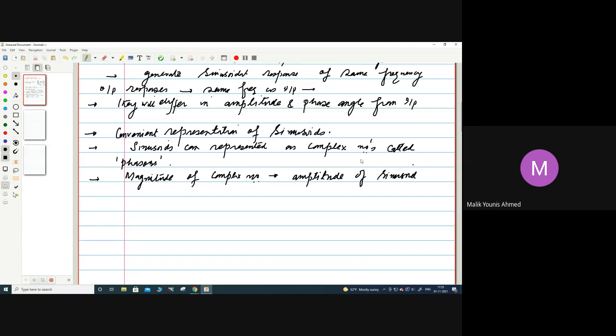If we represent them as complex numbers called phasors, then the magnitude of the complex number will be the same as the amplitude of the sinusoid, and similarly the angle of the complex number will be the phase angle of the sinusoid.